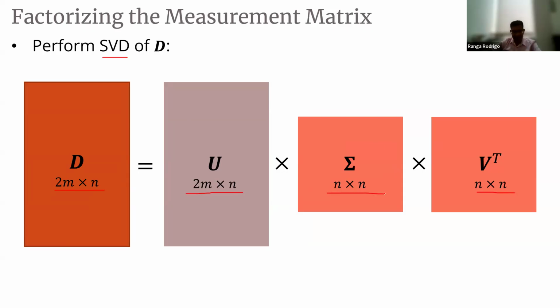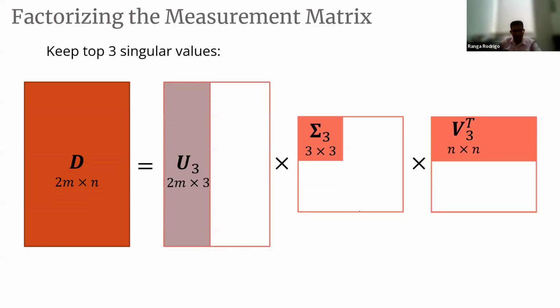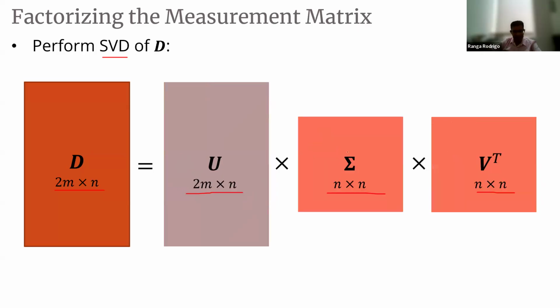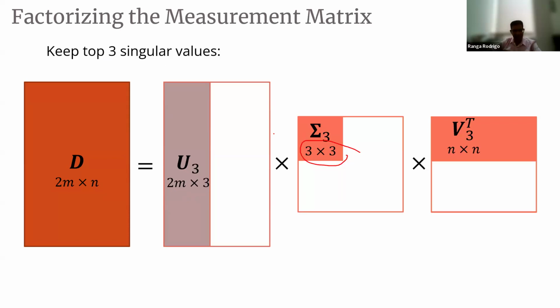Noticing that it is a rank 3 process, we only take the first 3 elements of that. Sigma contains singular values. It will contain only diagonal elements. All others will be 0. So it will contain n diagonal elements. From those n diagonal elements, we keep the three largest. So you keep the three columns here, three rows there.